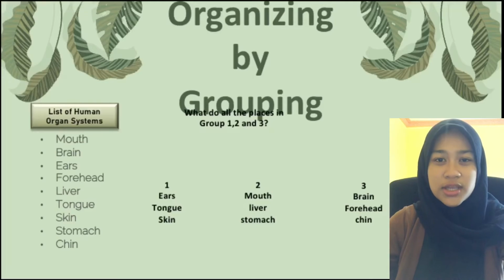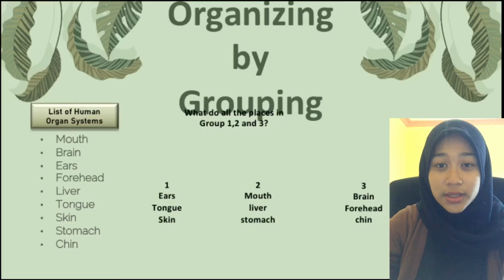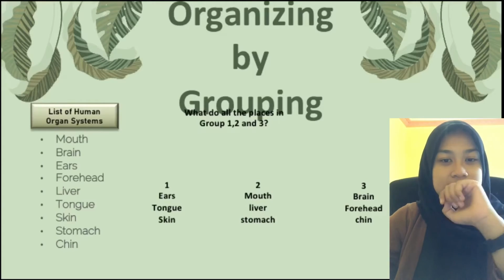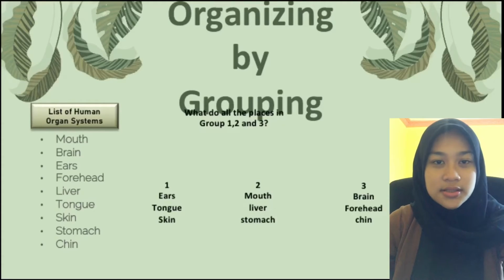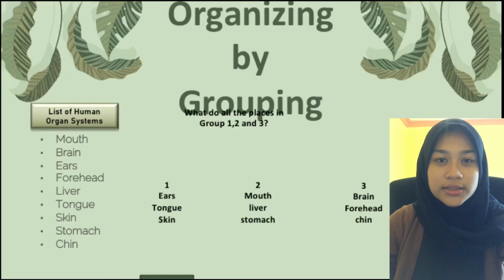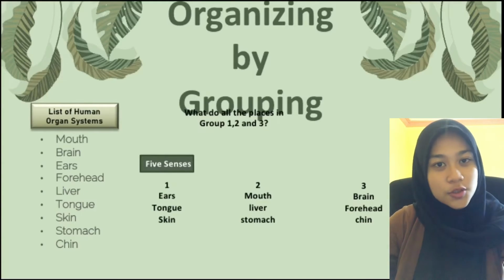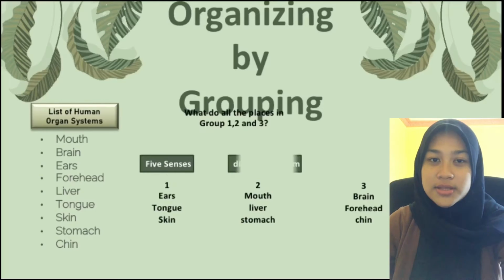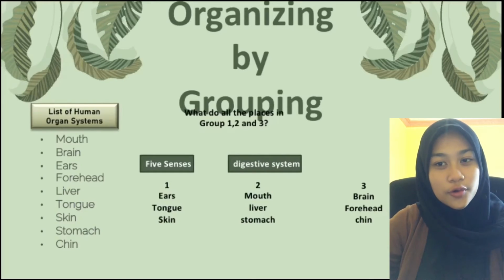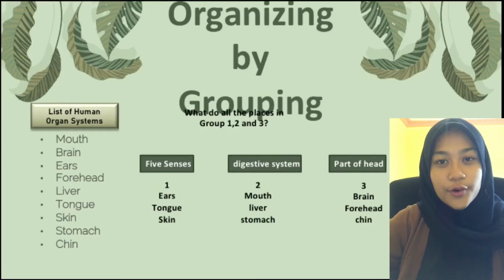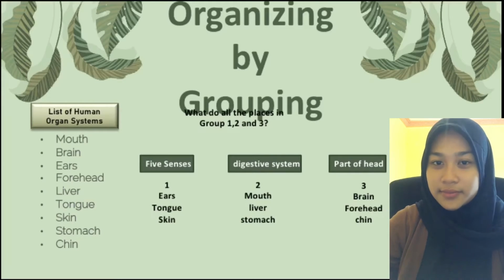So what do you think guys about the placement in group 1, 2, and 3? Yes, next, group 1 is the sense organs, and the second group is part of human digestion, and lastly, of course, the brain, forehead, chin is part of the head.